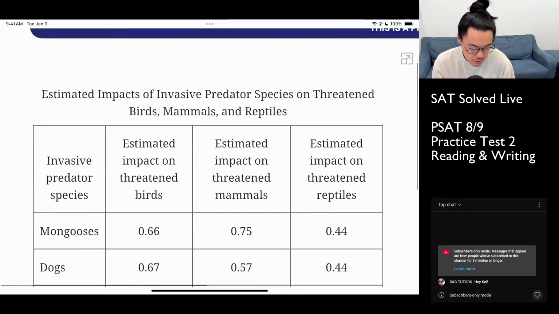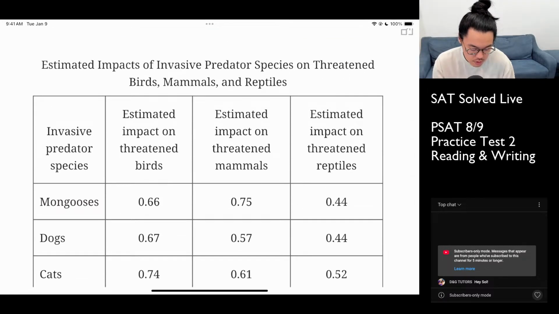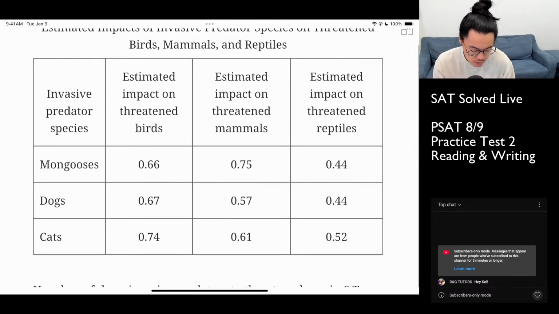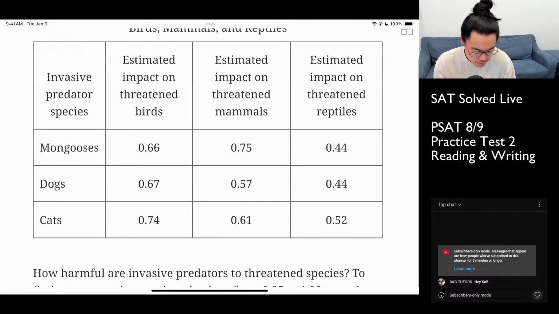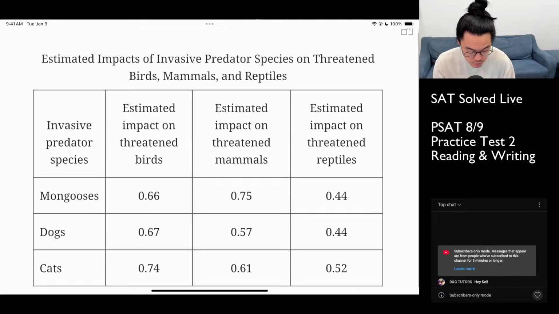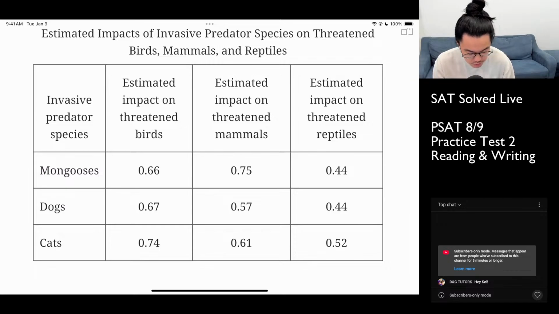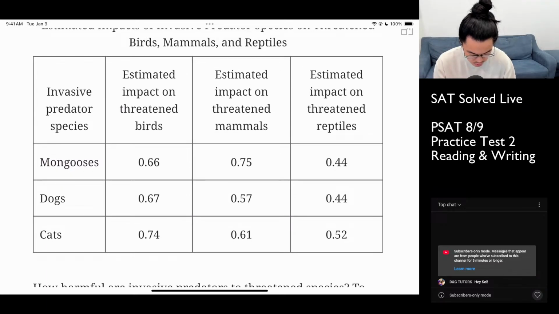Estimated impacts of predator species on threatened birds, mammals, and reptiles. Got it. There are 3 different species and 3 different categories of animals. Okay. So impact is really large for mongooses, I guess. And cats for birds. Okay. Mongooses on mammals. Okay.